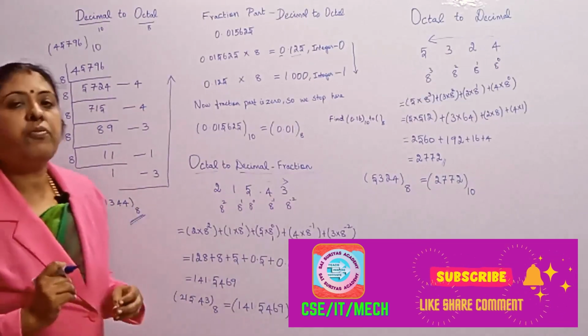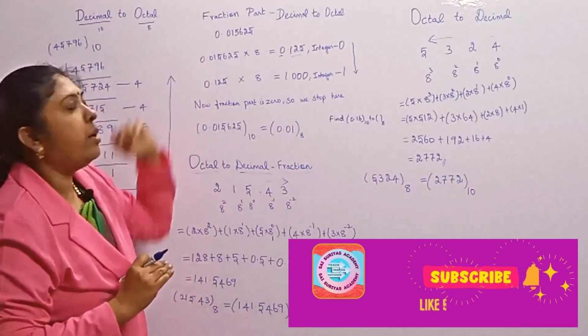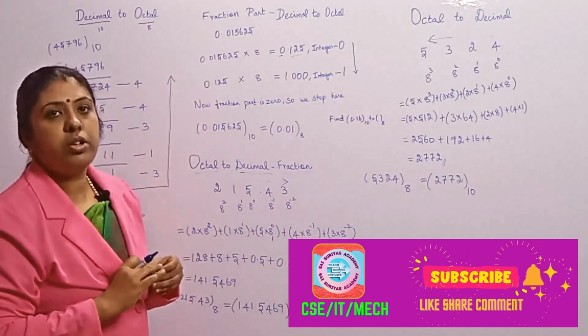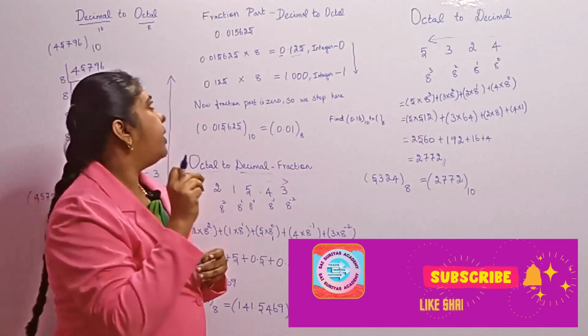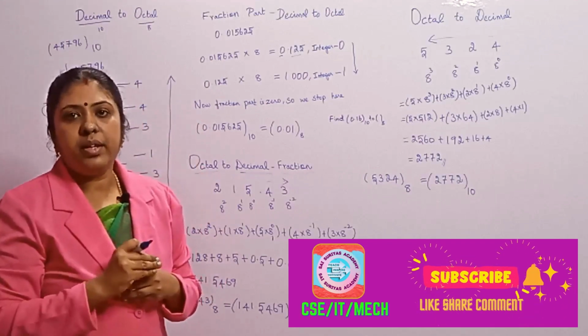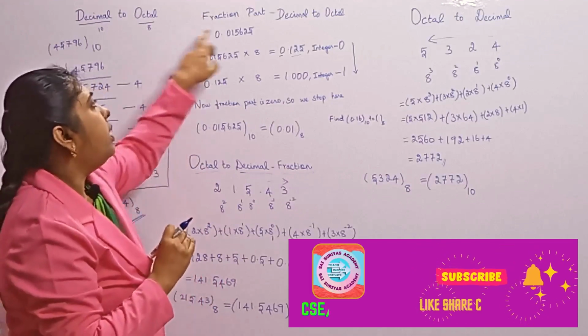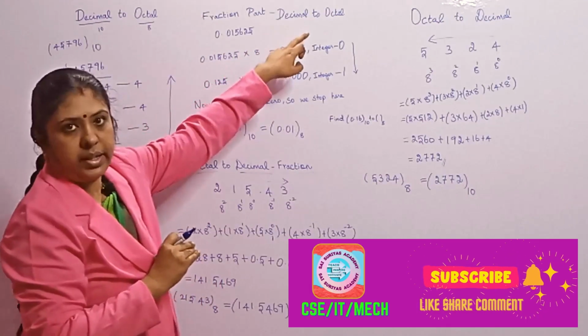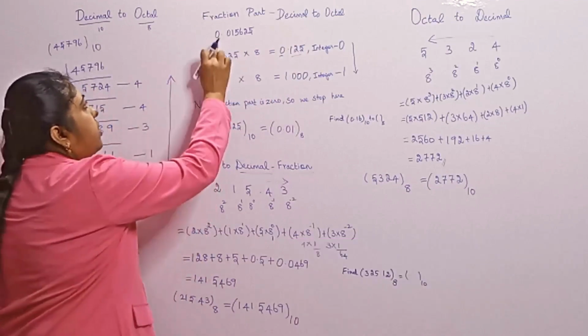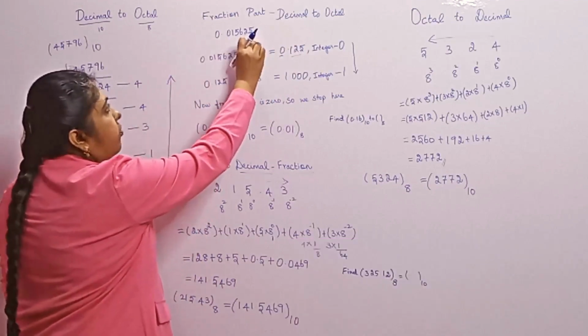When we have a fractional part, how do we convert it? For the fractional part, we have to multiply the number by 8 for converting decimal to octal. Consider the number 0.015625.